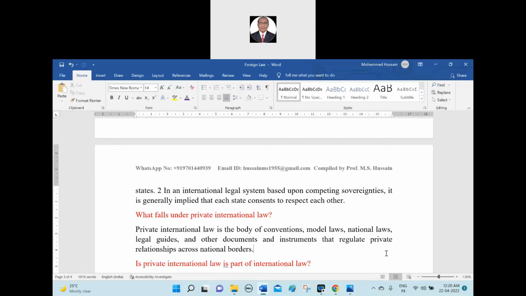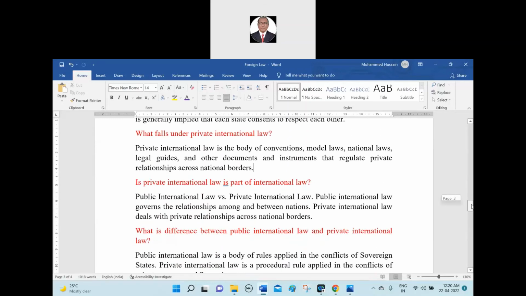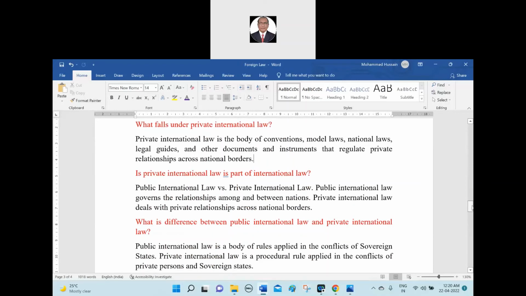I mean, lex fori. So now let's see, private international law is a part of international law. Naturally, public international law versus private international law, you know it. Public international law governs the relationship between nations, and private international law deals with private relationships across national borders, because it is an individual to the state and an individual to another individual across national borders, meaning two different states.